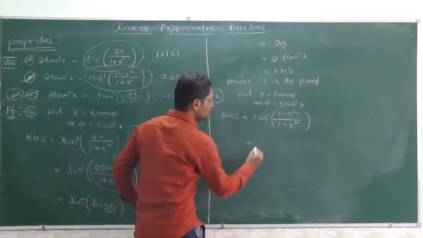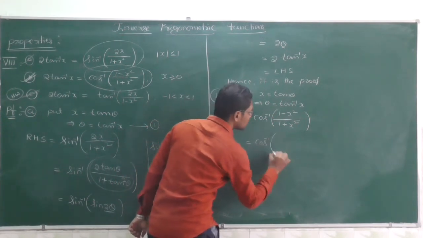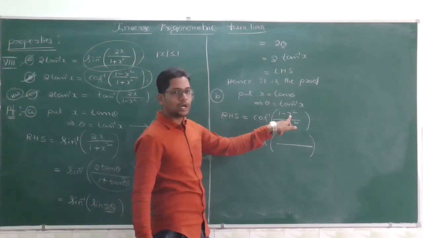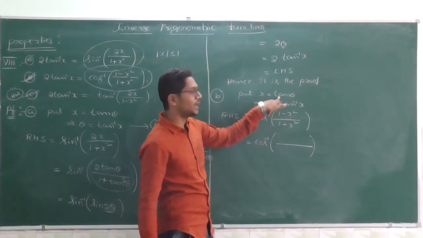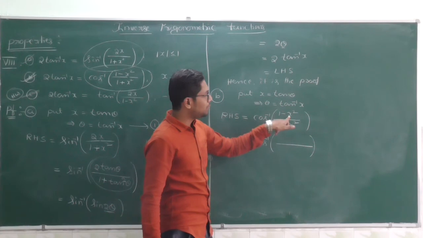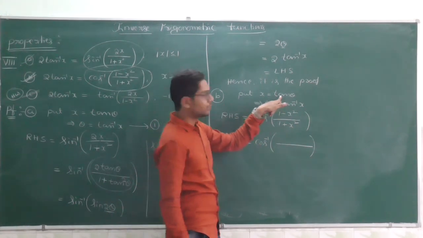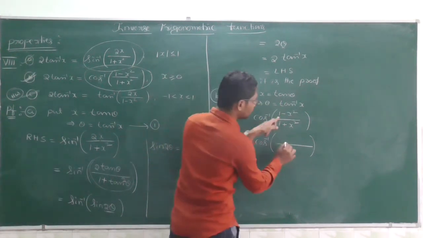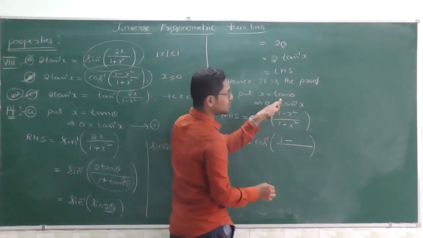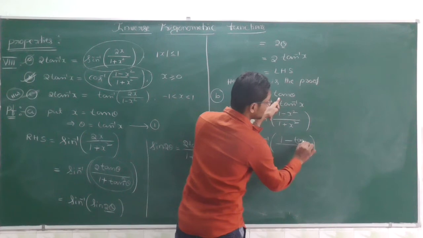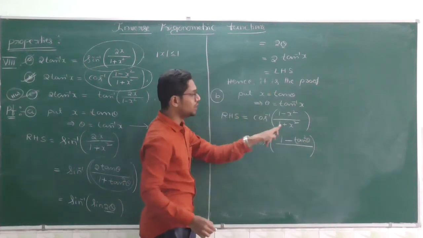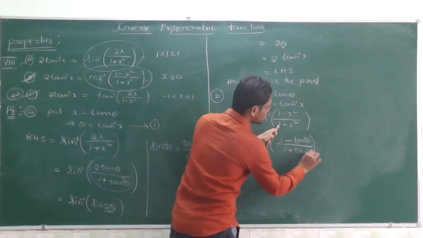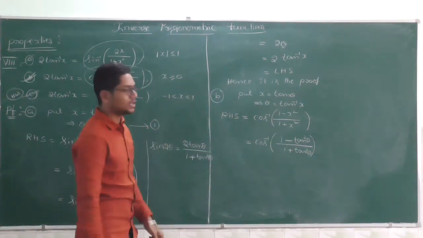That is equal to cos inverse of, see, we have x, that is tan theta. Replace x with tan theta. Wherever x is there, you just replace with tan theta. Then what we will get? 1 minus x square, x is tan, that is tan square theta, divided by, in the denominator also, 1 plus x square, that is 1 plus tan square theta.